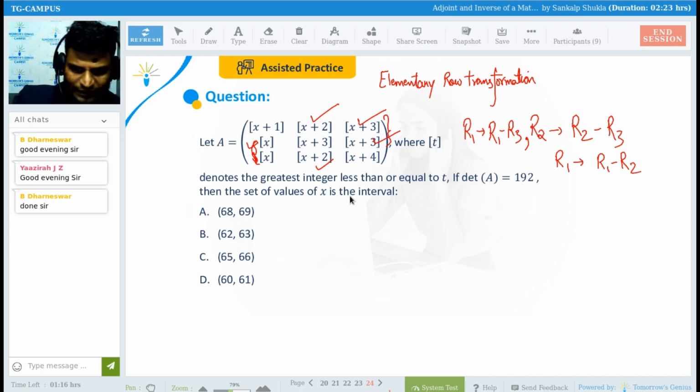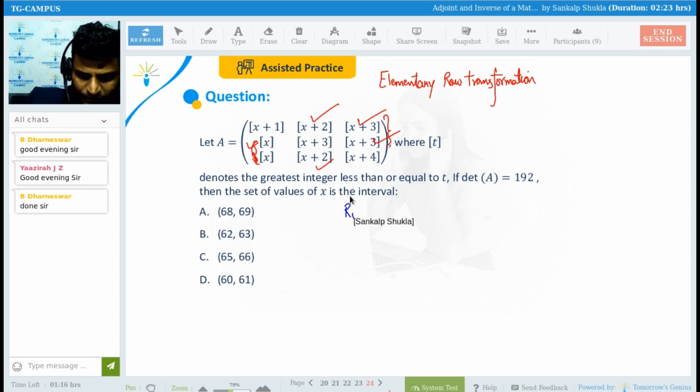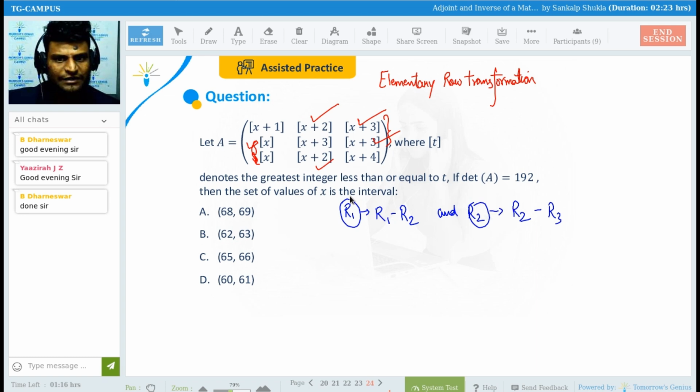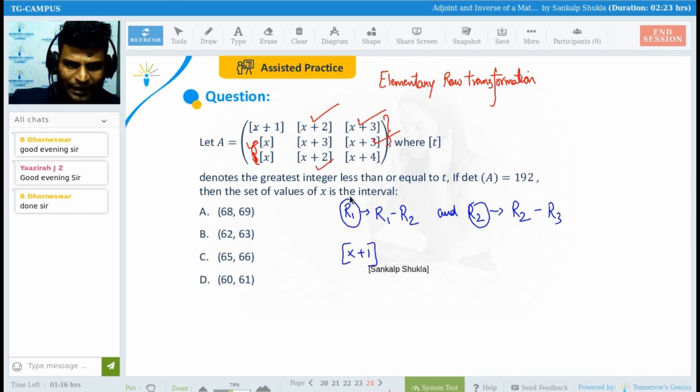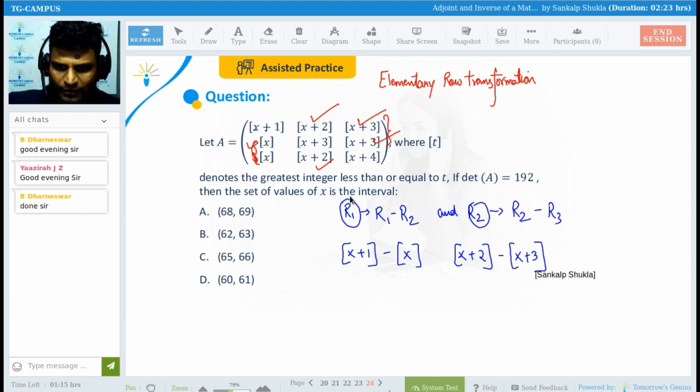Applying this operation, finally, just wait for a second, I'll write it in a proper manner. In R1, I am doing R1 minus R2, and in R2, I am doing R2 minus R3. Now the whole of R1 and the whole of R2 will change. R1 becomes GIF of x plus 1 minus GIF of x, and GIF of x plus 2 minus GIF of x plus 3, and this is 0.